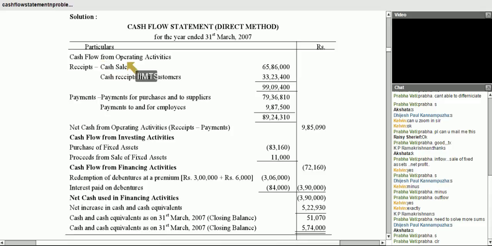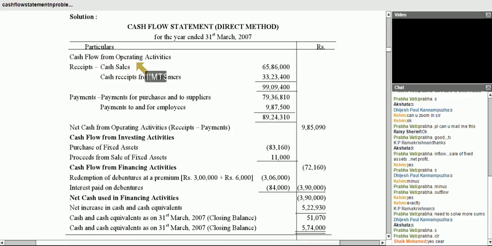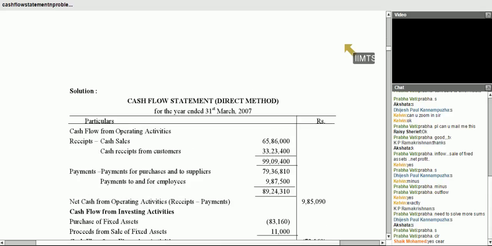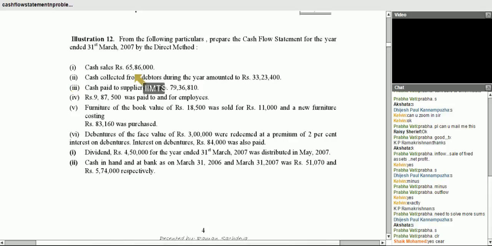Now first we will find the cash flow from operating activities. So in this first we have the receipts of cash sales which was 65,86,000 and the cash receipts from customers was 33,23,400. As you can see, first one 65 lakhs 86,000 cash sales and cash collected from debtors was 33,23,400.